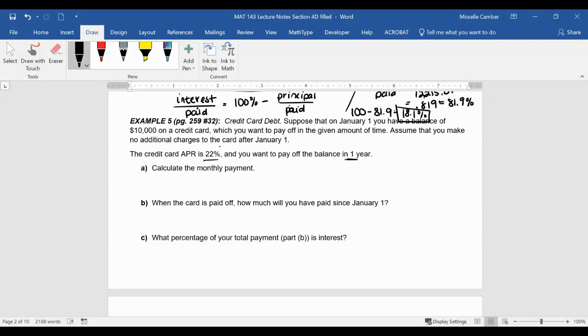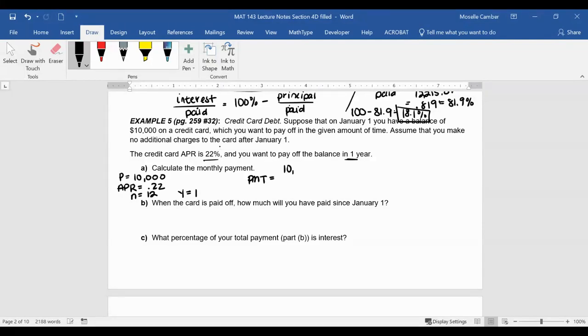So now the monthly payment. My principal is still $10,000. My APR now is 22%, so 0.22, a little bit higher APR. We're still making monthly payments, but this time we want to pay it off in 1 year.